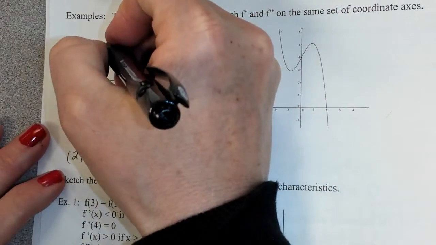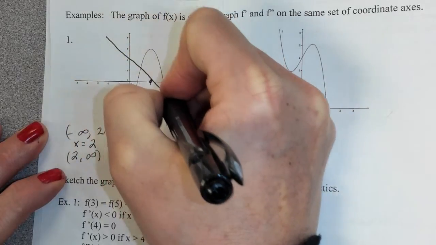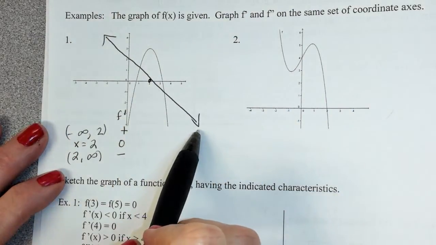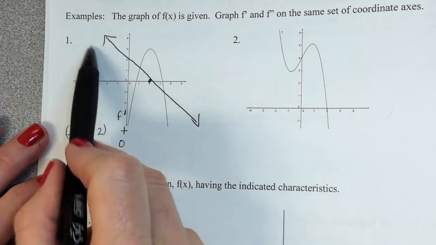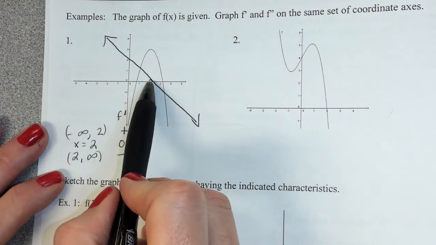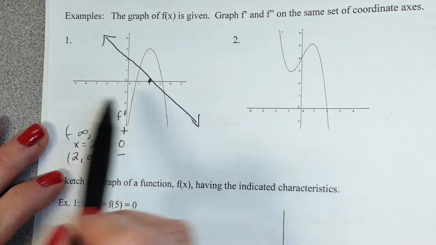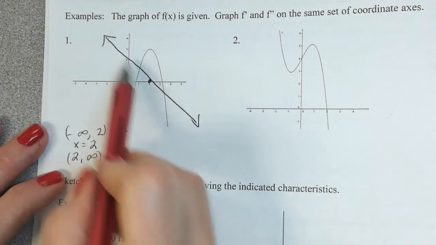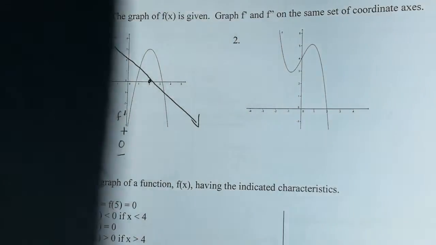B is right. Yep. It's going to have to look like this. And I don't know exactly what this is going to be. I just know that it has to have positive values, then it has to be 0, and then it has to be negatives. That's the only way it's going to work out. That's what the first derivative is going to look like.